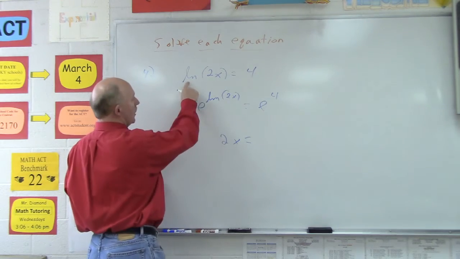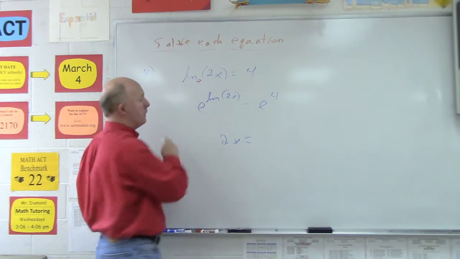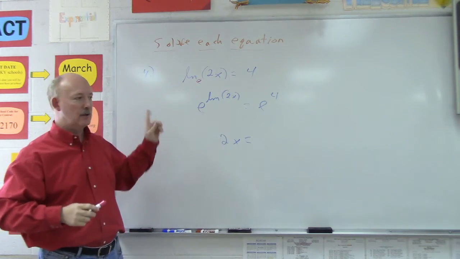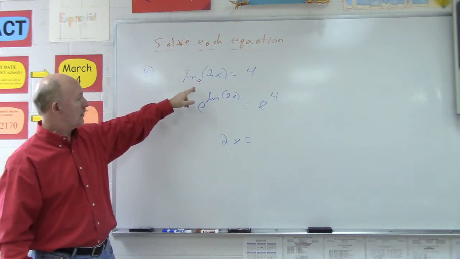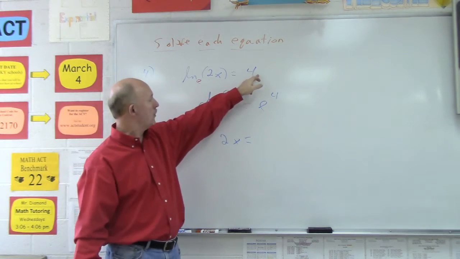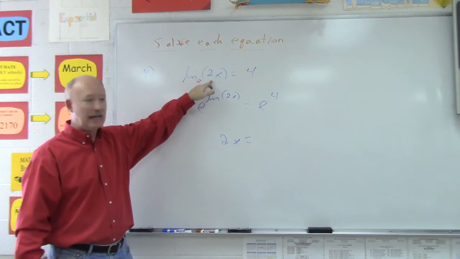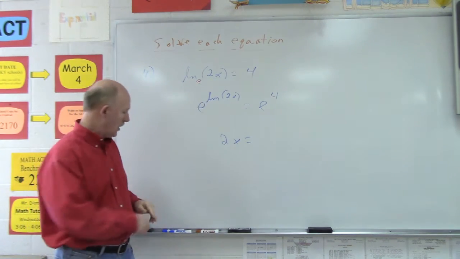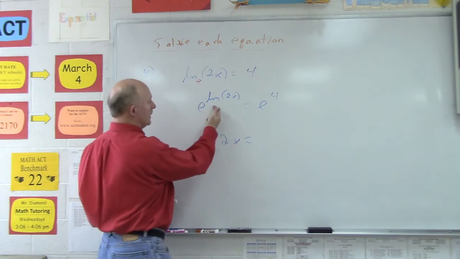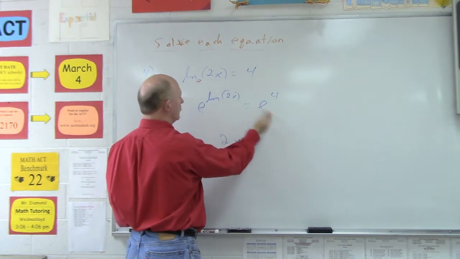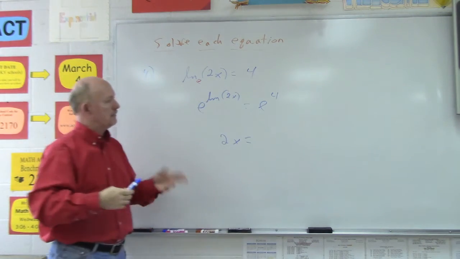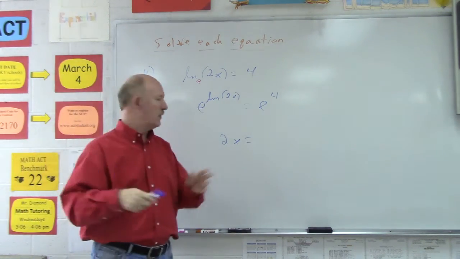So if you look at the natural log 2x, you've got base e, right? So when you convert to the exponential form of your equation, this will be e to the 4th power equals 2x. So whenever we raise both of these to e to the natural log 2x, you basically end up with the exponential form of your equation.